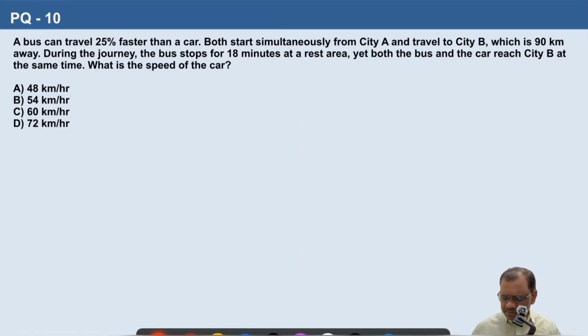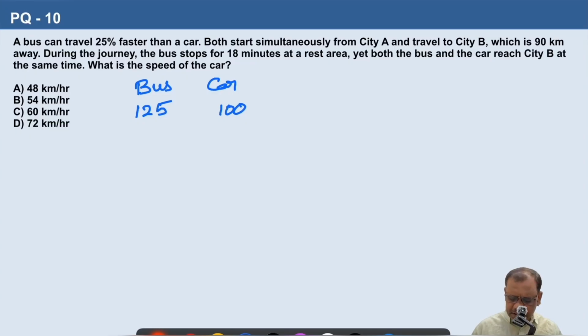So we have a bus and a car here. Bus can travel 25% faster than a car. So let us assume the speed of the car as 100. Then the bus will be 125 because it is 25% faster.